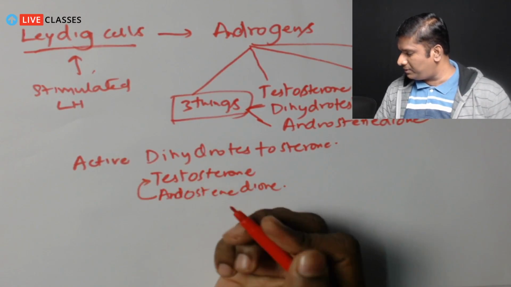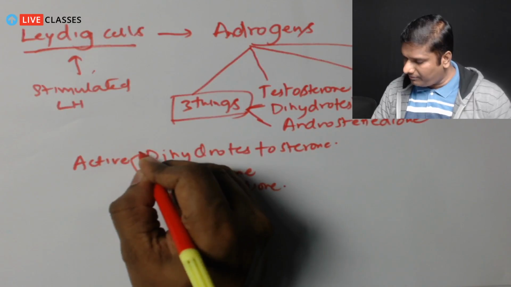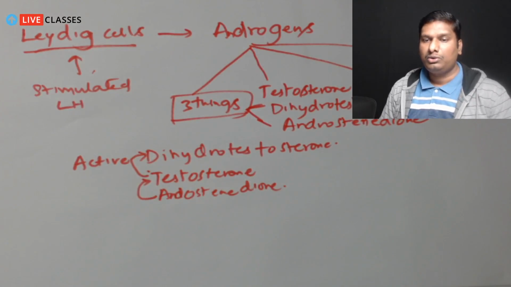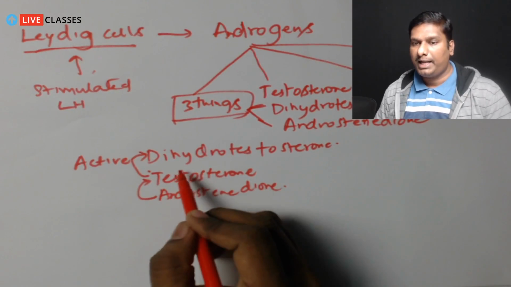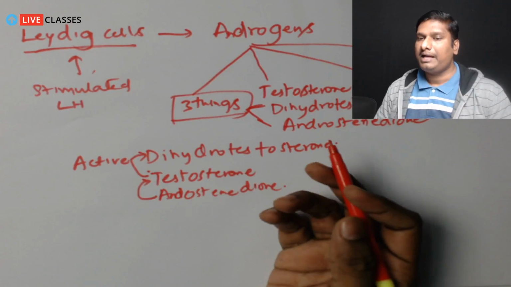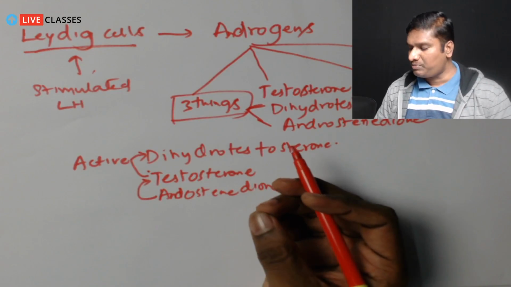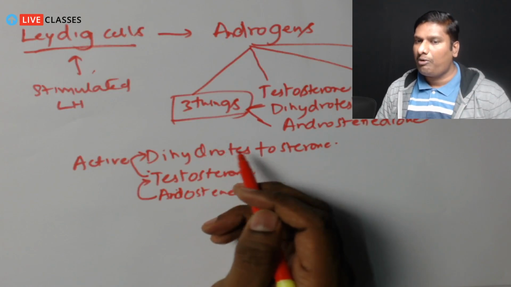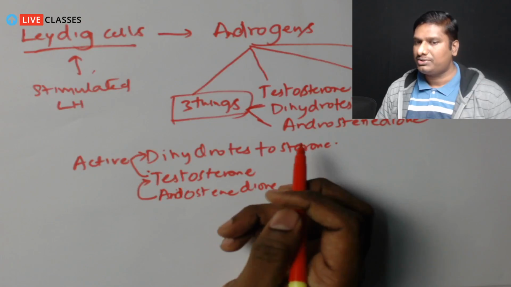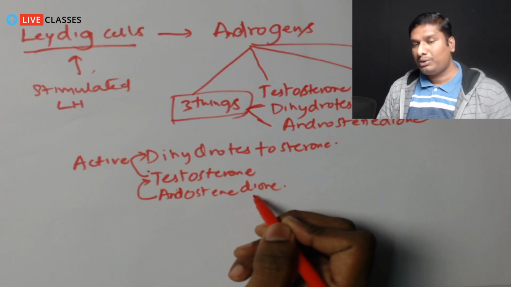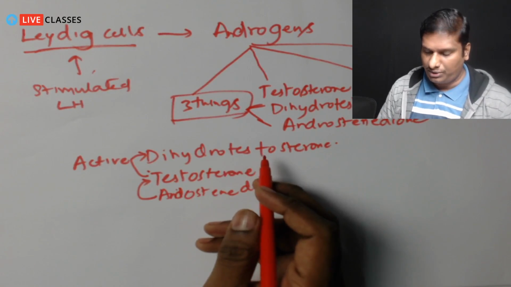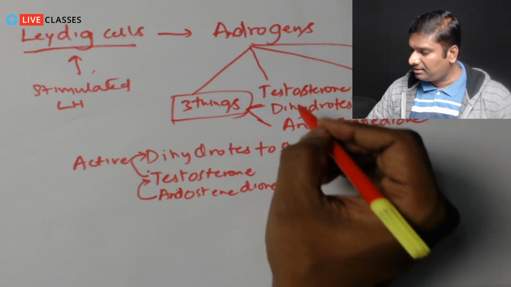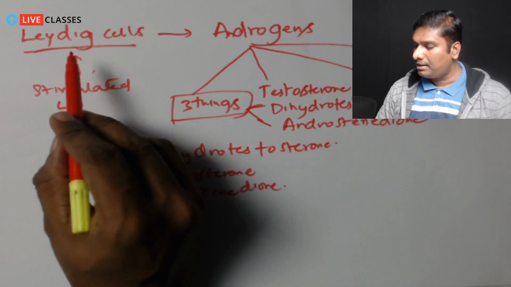Androstenedione is converted to testosterone, and testosterone is finally activated to dihydrotestosterone in target tissues. In some specific tissues, testosterone is converted into the active form, dihydrotestosterone. Androstenedione is the precursor for testosterone. So these are the three hormones secreted by the Leydig cells.